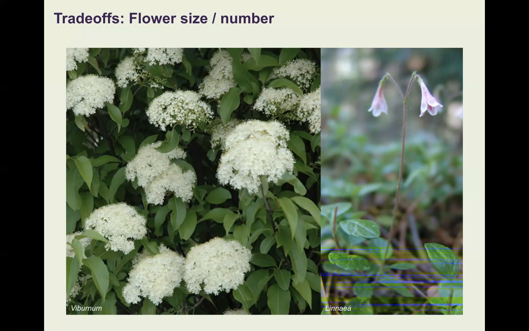So a larger number of flowers can get you a bigger floral display. But a larger number of flowers, if each flower is large, ends up being very costly. So for the same amount of resources, you could do a display of many small flowers or a display of just a couple bigger flowers.